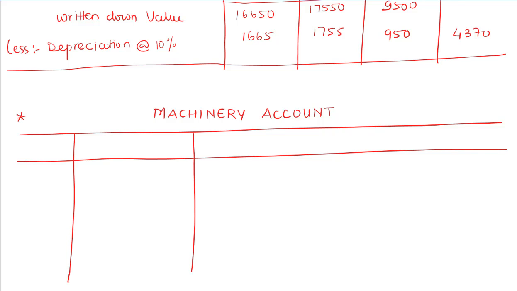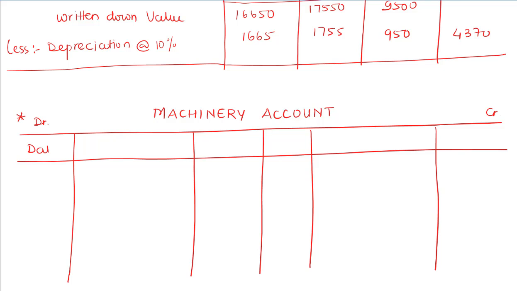Debit, credit: date, particulars, amount on both sides.